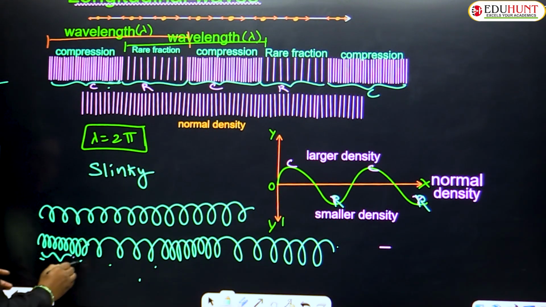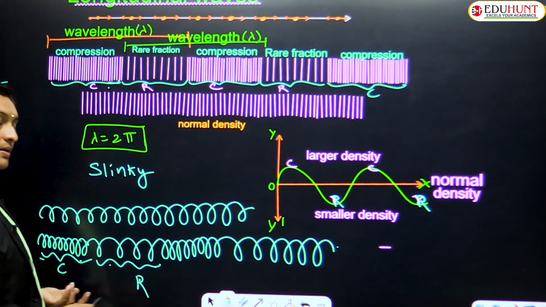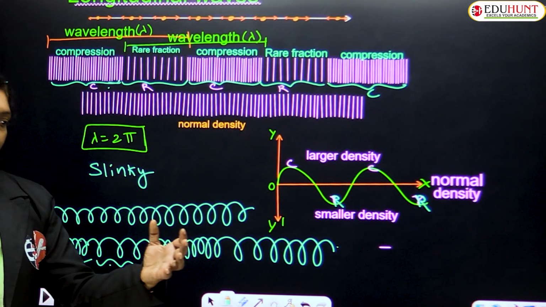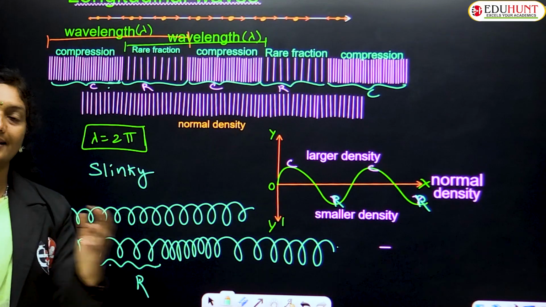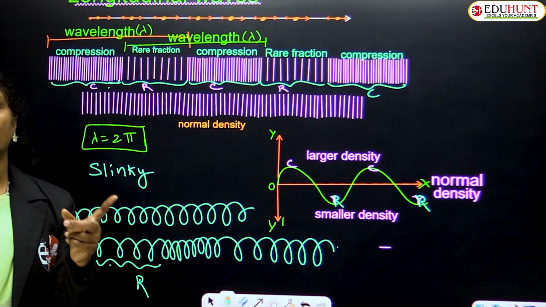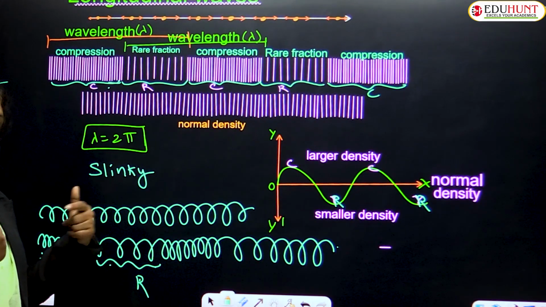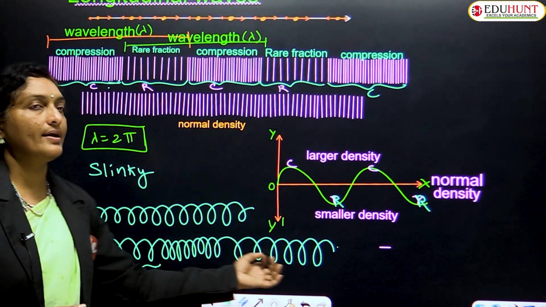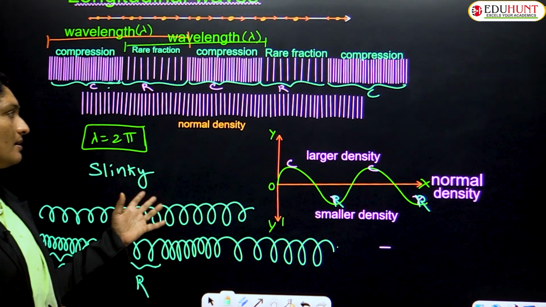This is termed compression and this is called rarefaction. So in a spiral spring or slinky, when force is applied at the free end and it is continuously pressed and released, longitudinal waves are produced and transferred from one point to another along its length. Likewise, alternate compressions and rarefactions are observed in a slinky.